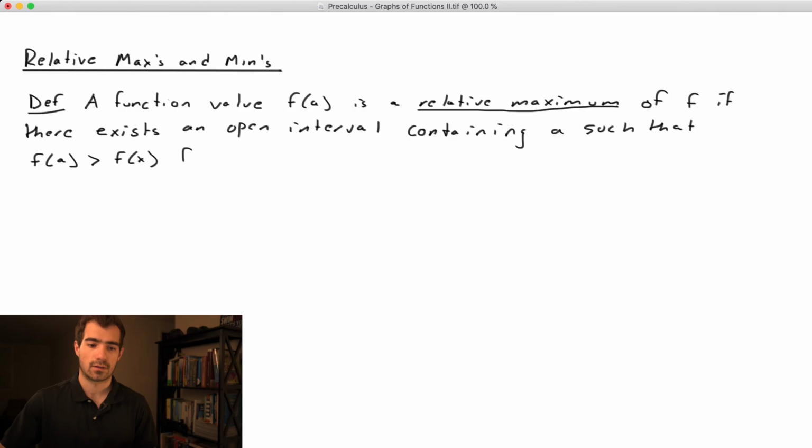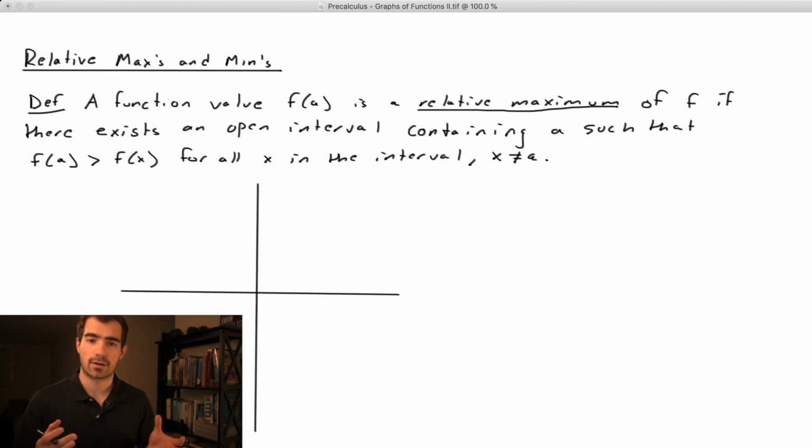So for all x in the interval other than a itself. And again, sometimes parsing these definitions when they're written out formally can seem kind of tricky at first, but let's see if we can break it down.